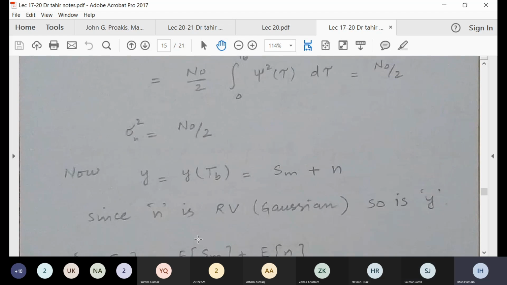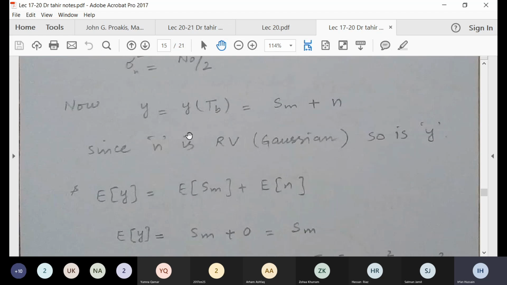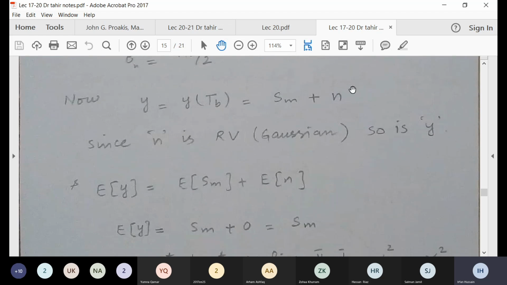Okay. So now we know that the output is signal plus noise, where this noise is a Gaussian random variable with mean of 0 and variance of N naught by 2. This means that y will also be a Gaussian random variable, because you are adding s of m. s of m was just a scalar number by which you were scaling your orthonormal basis function.